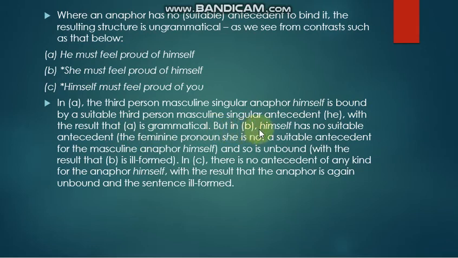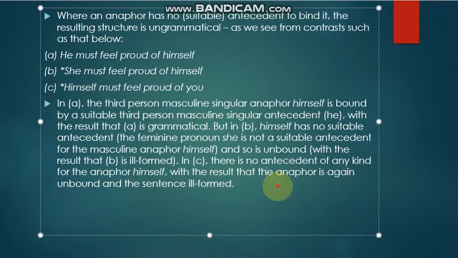But in sentence B, himself has no suitable antecedent. The feminine pronoun she isn't a suitable antecedent for the masculine anaphor himself, and so it is unbound, with the result that sentence B is ill-formed. And in sentence C, there is no antecedent of any kind for the anaphor himself, with the result that the anaphor is again unbound, and the sentence is ill-formed.